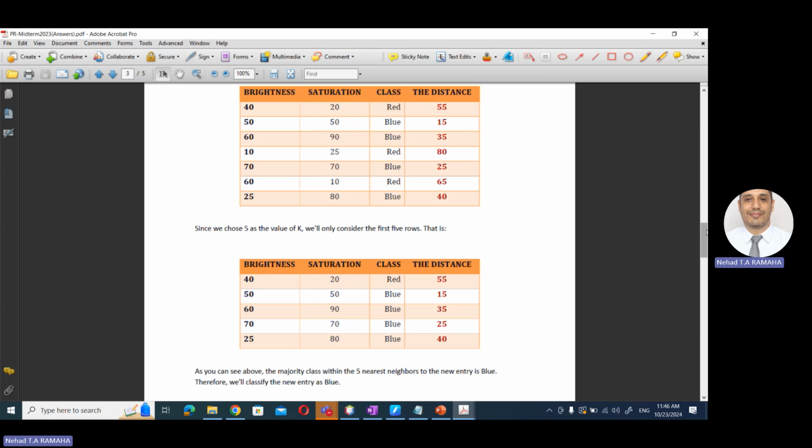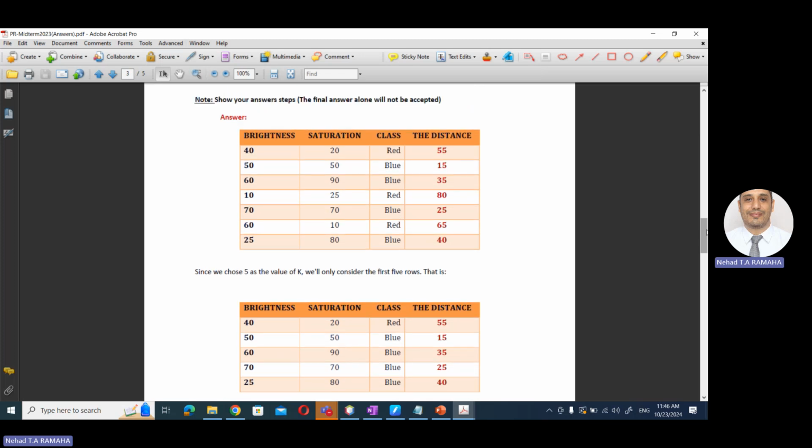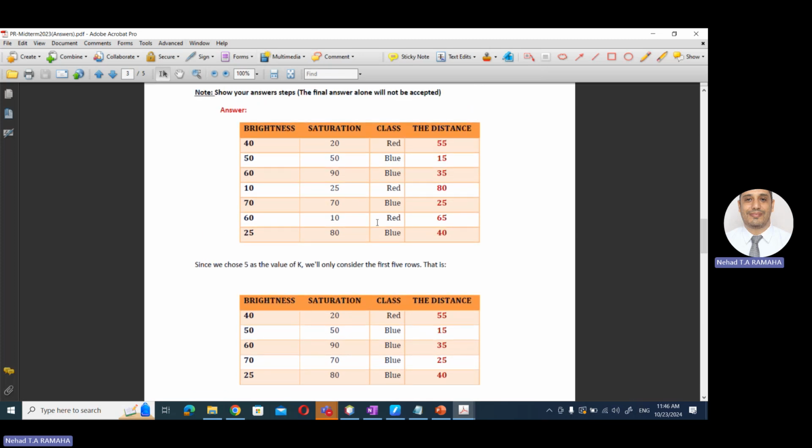I think the calculation is very clear here. So first step, we just calculate the distance. We have the new data.